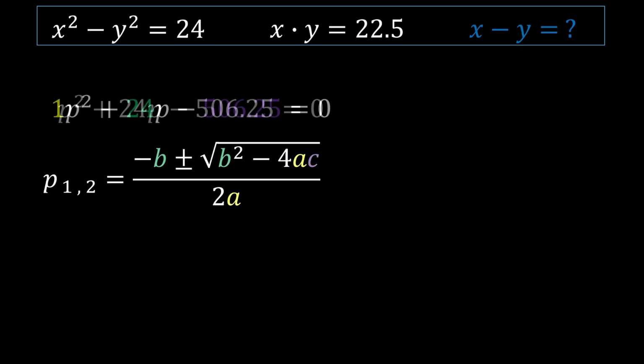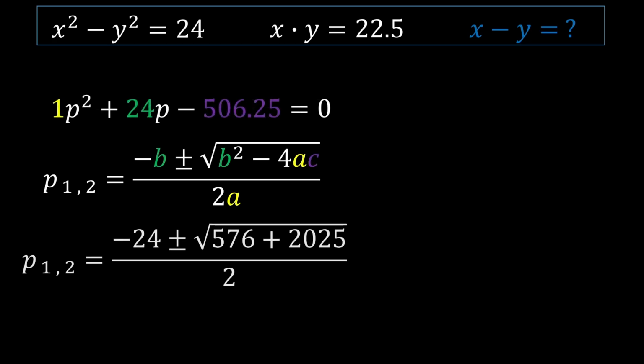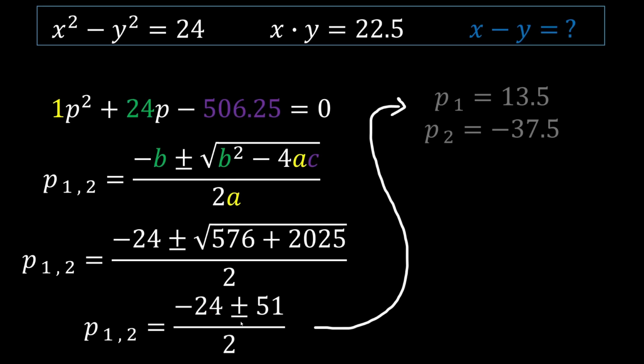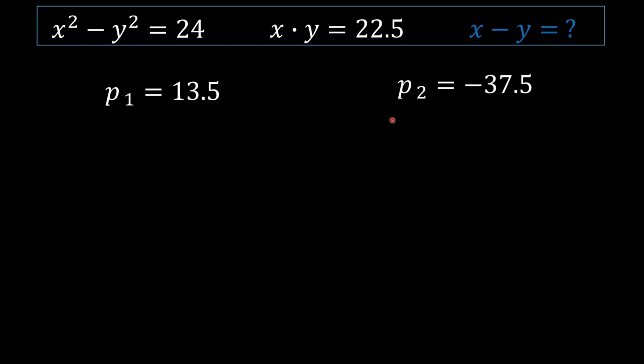Right, putting the variables inside the quadratic formula will lead you to two different p values, which you're going to see on your screen. One p value is 13.5 and the other p value is negative 37.5. With these two p values that we obtain using the quadratic formula, we know that p is equal to y squared for both p values, right?